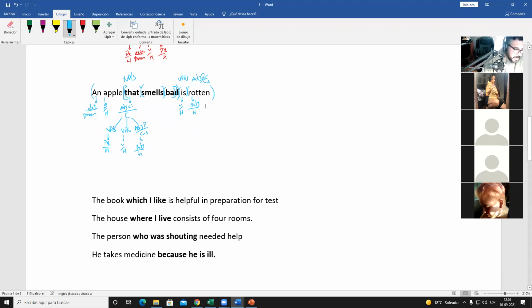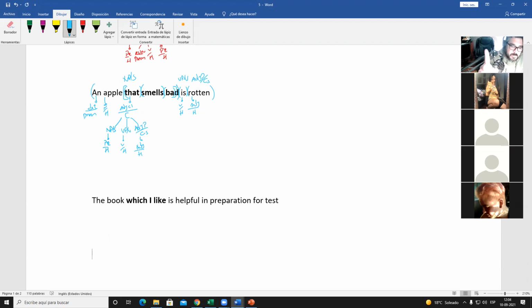Mira, en la que sigue, por ejemplo, tampoco tiene comas. Debería, no siempre, pero debería tender a ser obligatoria. De hecho, es opcional, creo. The book which I like is helpful in preparation for test.